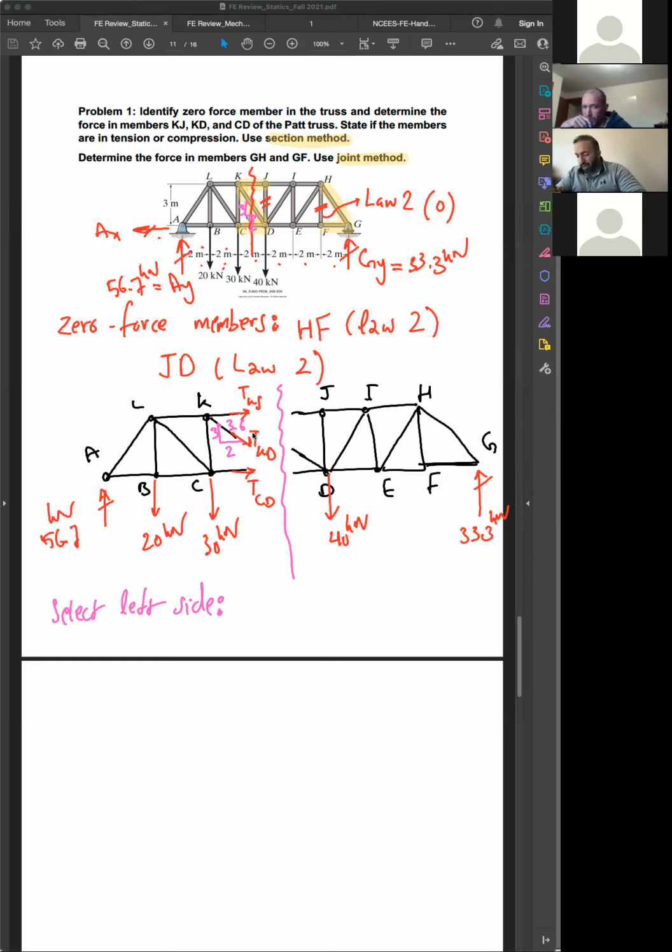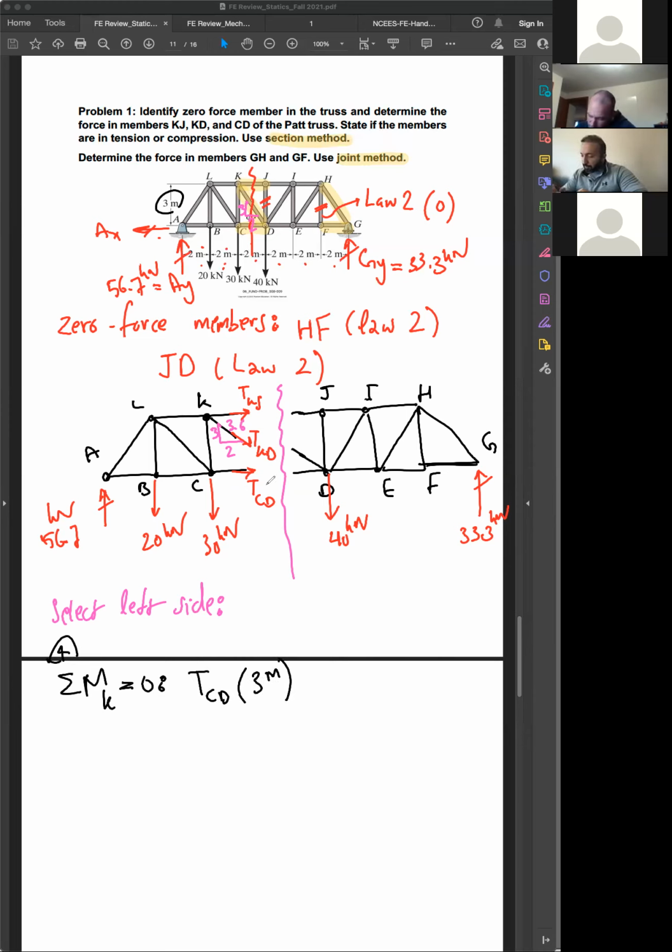So I would say summation of moment about point K would be good here because these two would be gone, so you can find this one from here. So summation of moment about point K equal to 0. This direction positive. So what forces do you have? You have this TCD and 3 meters is the height, right? So it would be TCD times 3 meters.